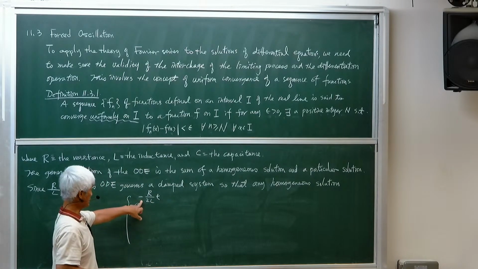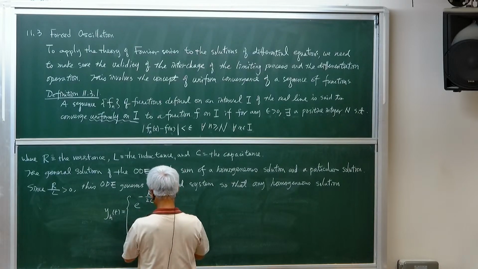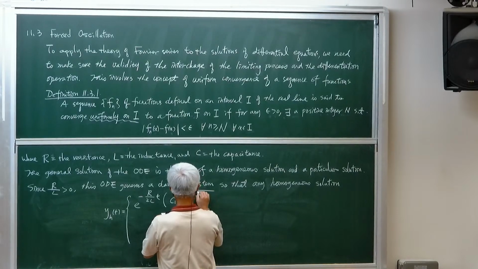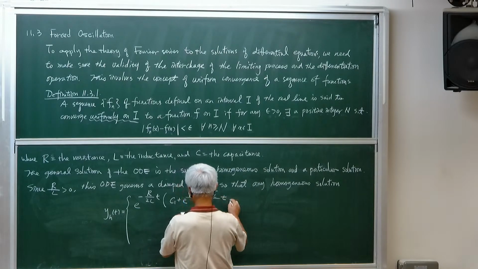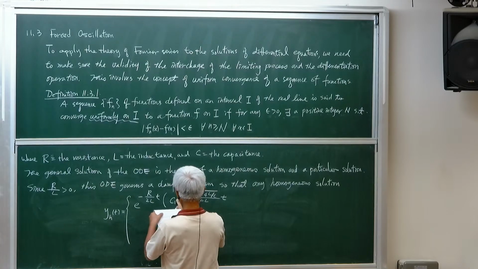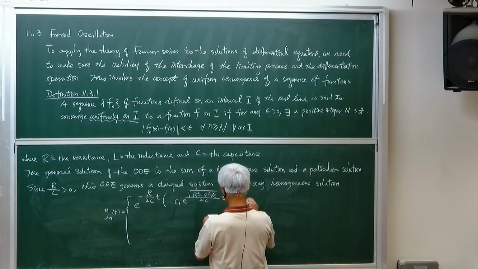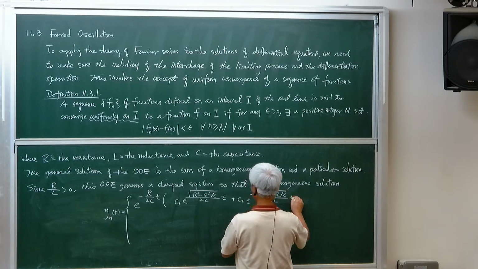so it's damped. You can see that we have this negative exponential term, and C1 times exponential of the square root of R squared minus 4L divided by C, divided by 2L, times t, plus C2 times another exponential term, with minus the square root of R squared minus 4L divided by C, divided by 2L, times t.